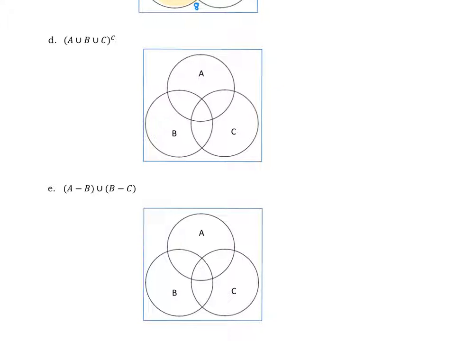I'm going to pause this and I'm going to go ahead and number my regions. Okay, so they want the complement of A union B union C. Well, that's everything that's in a set. But I want the complement of that.